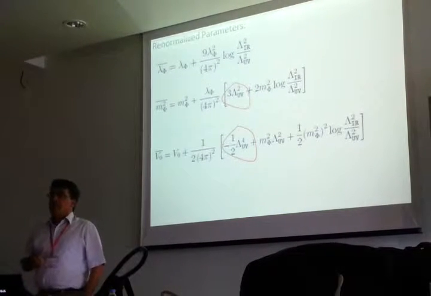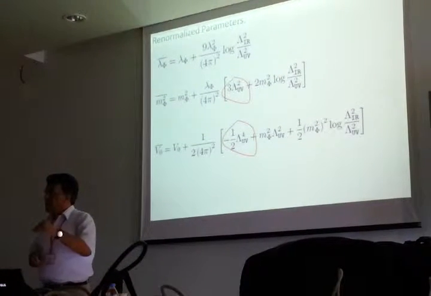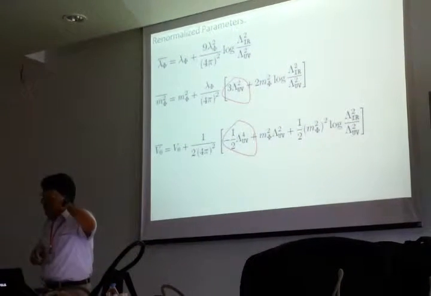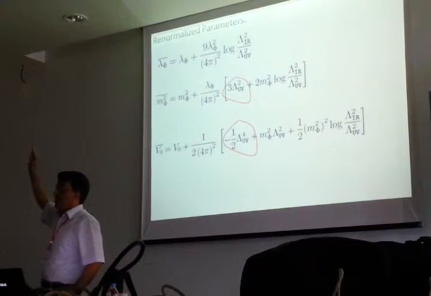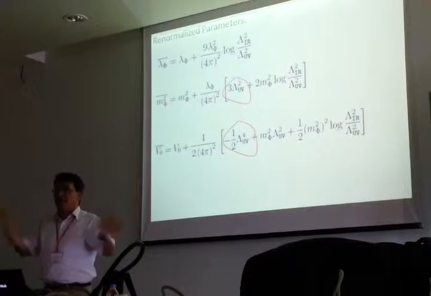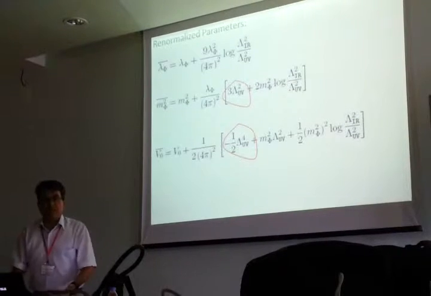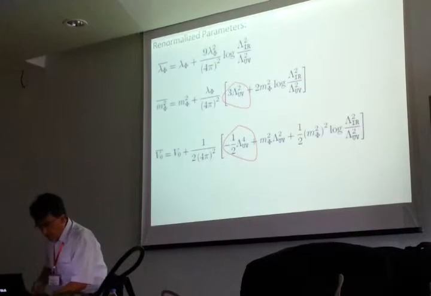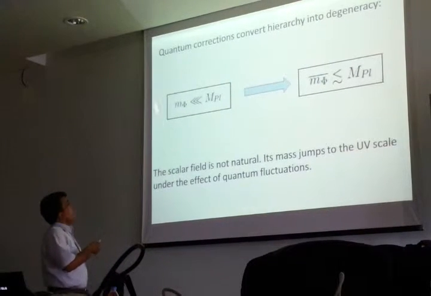As you see, since m pi squared is getting such a large correction, since lambda IR must be above m pi, this means that your IR scale is now at the Planck scale. And this means that your hierarchy is gone. It has become a degeneracy. Hierarchy is killed. It is washed out, and you get to a degeneracy, as you see here.